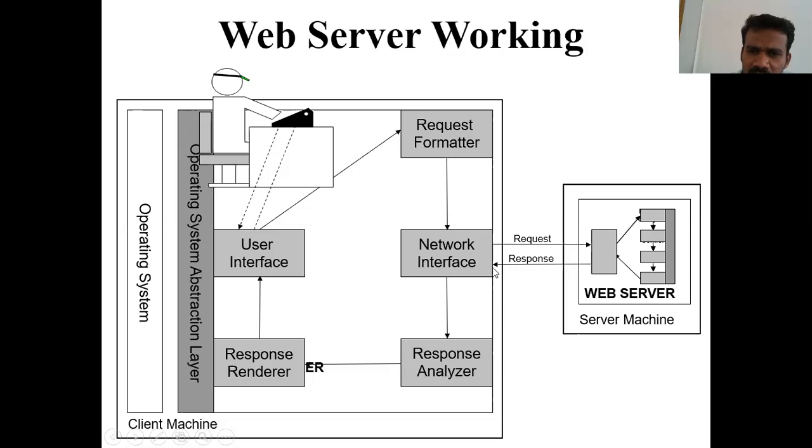Then the network interface receives this response and sends it to the response analyzer. The analyzer formats it into certain parameters through the protocol. Then it is sent to the user interface, that is your browser, and the browser is able to view your request. So that is how the web server works.